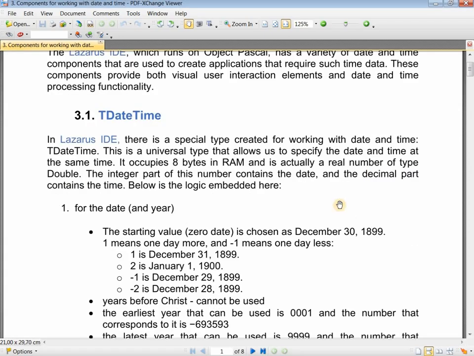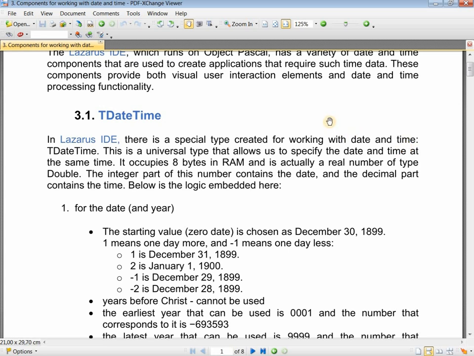Thus, the main base type for working with date and time is TDateTime. This is a special type that was created specifically for working with dates and times.